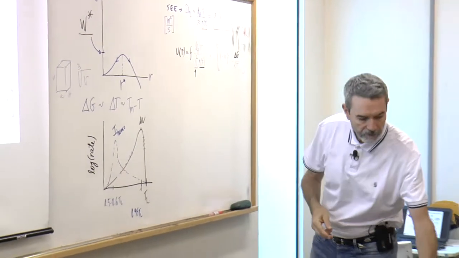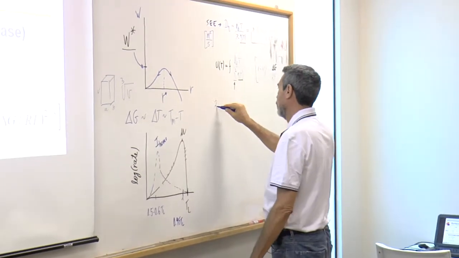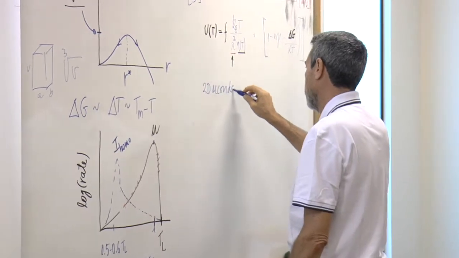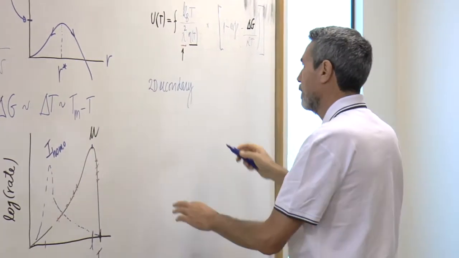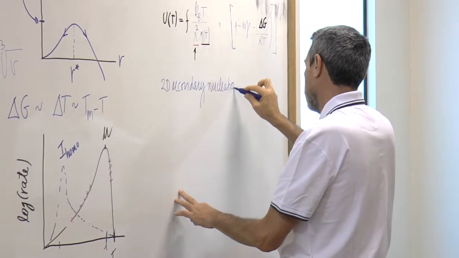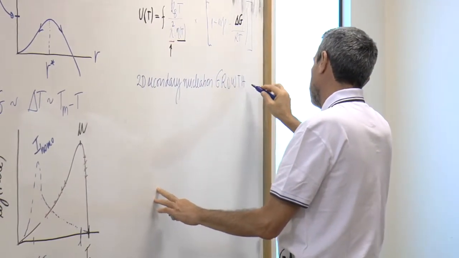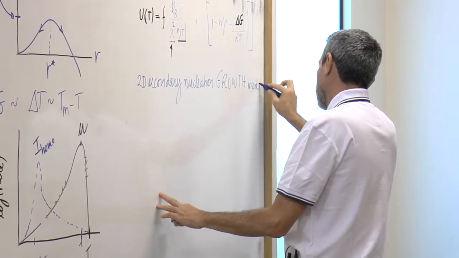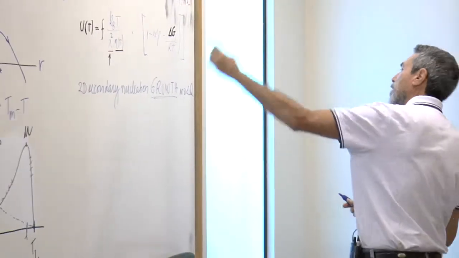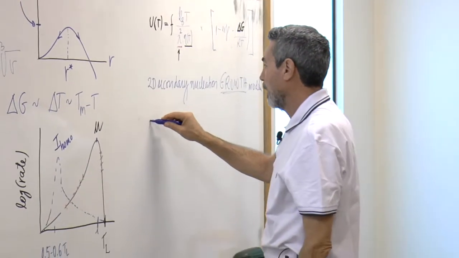If you take the final form for the 2D secondary nucleation growth model, we are dealing with growth. It's 2D secondary nucleation controlling growth. The final form is something like that.